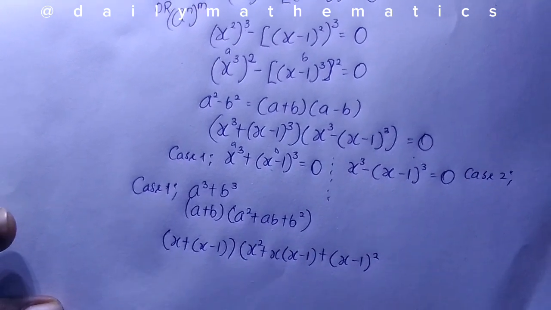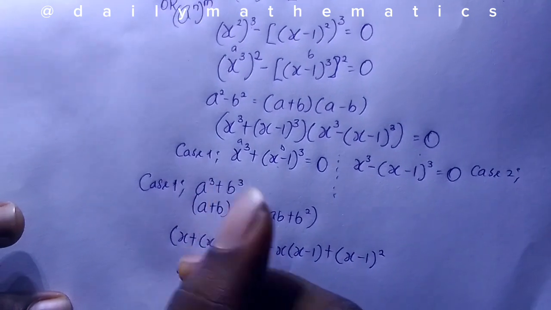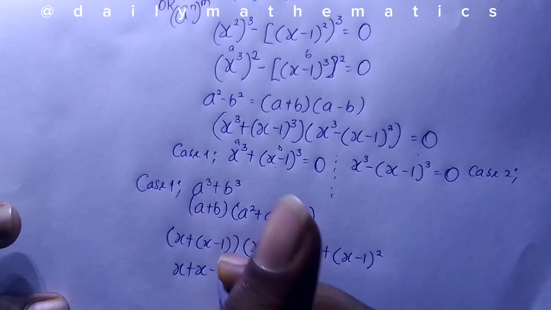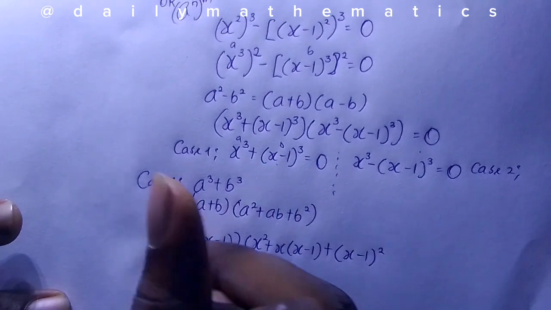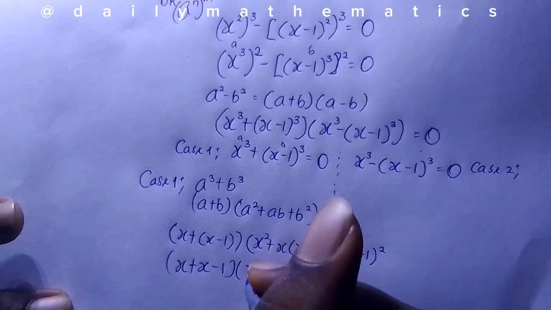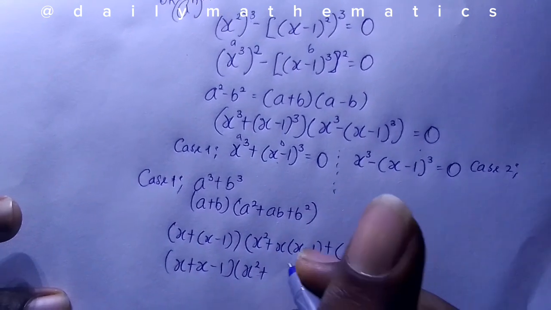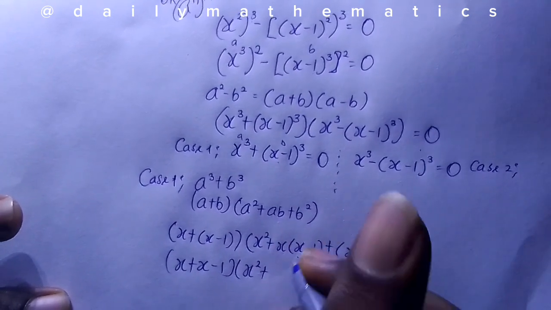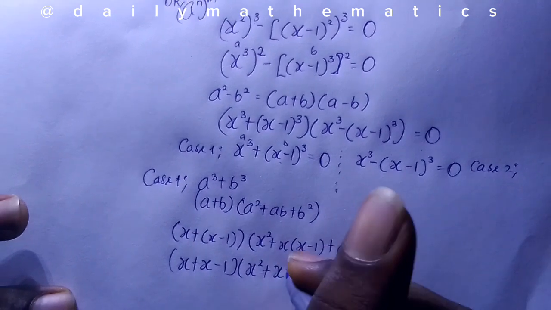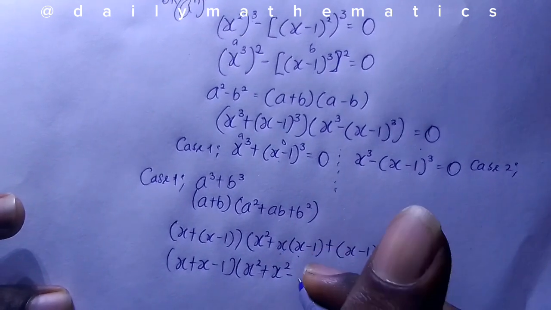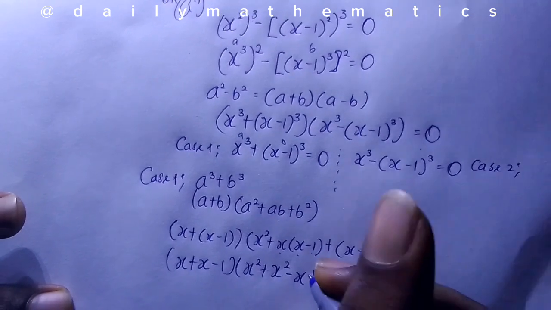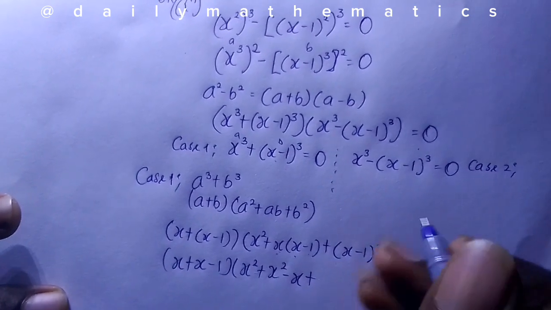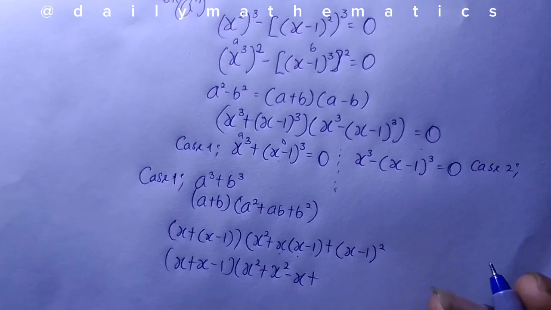That's for case 1. So let's do this. So we have x plus x minus 1, right, bracket x squared plus x times x minus 1, we open this bracket, x squared minus x, plus x minus 1 squared.